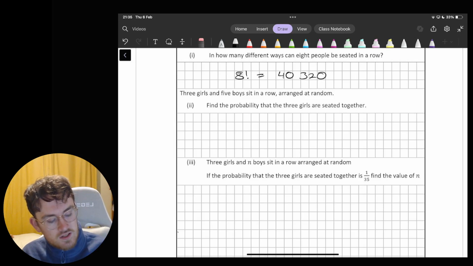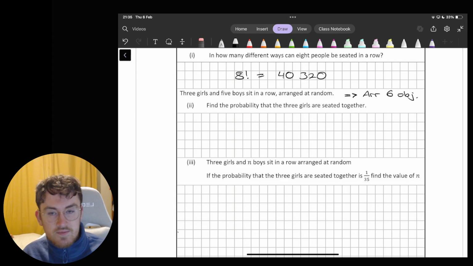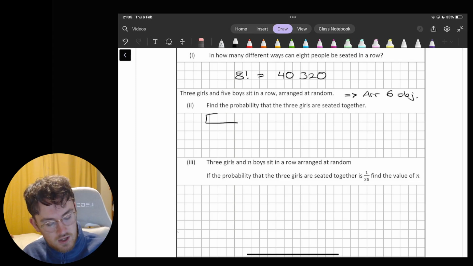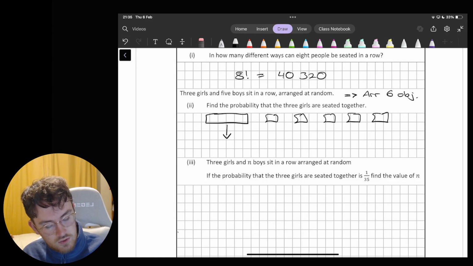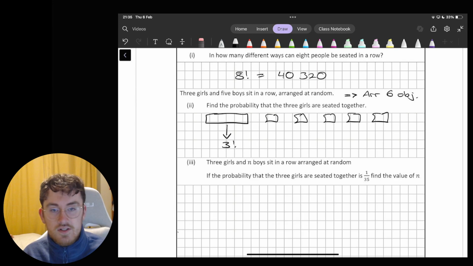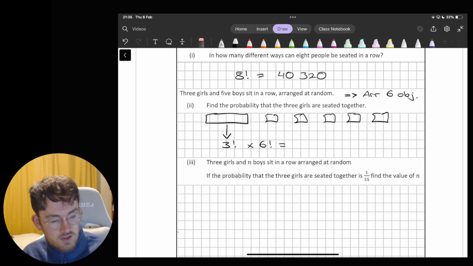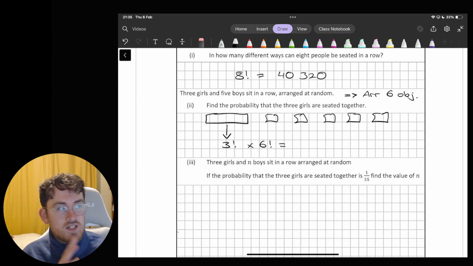Since the 3 girls are seated together, that means we are only arranging 6 objects. So we have the block of the girls, and then we have the other objects of the 5 boys. We also know that this block with the girls can be arranged in 3 factorial different ways. So we have the 3 factorial ways of arranging the girls and the 6 factorial ways of arranging everybody here.